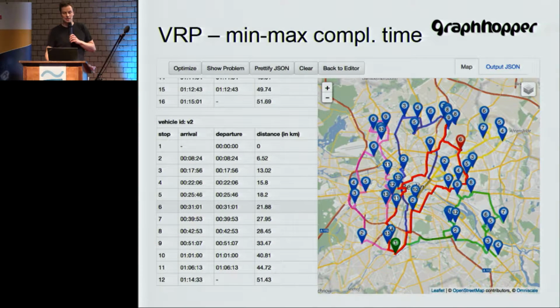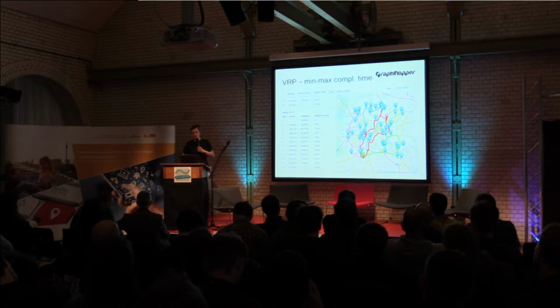And in the next example, I completely changed the objective function from minimizing the overall transportation time to minimizing the maximum completion time, so that each customer can be served as fast as possible using the available resources.